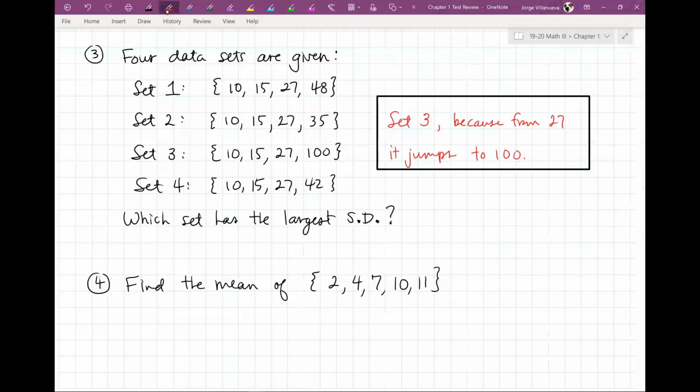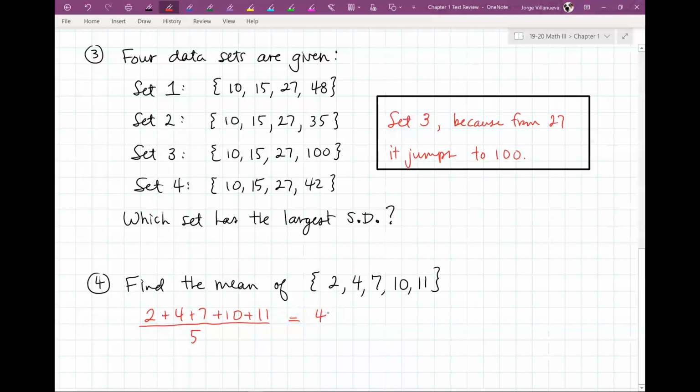To find the mean, we get all those numbers, which I already put in order so we don't have to worry about that, add them up, and divide by the number of numbers, which is 5. So I have 2 plus 4, that's 6, 6 plus 7 is 13, 13 plus 10 is 23, and 23 plus 11 would be 44.